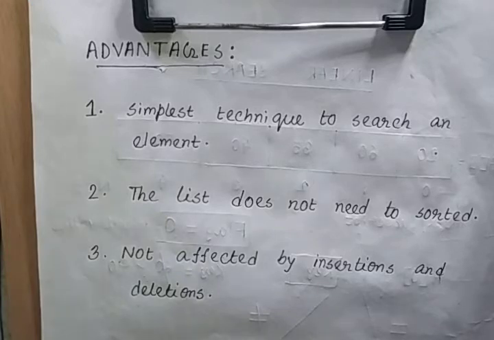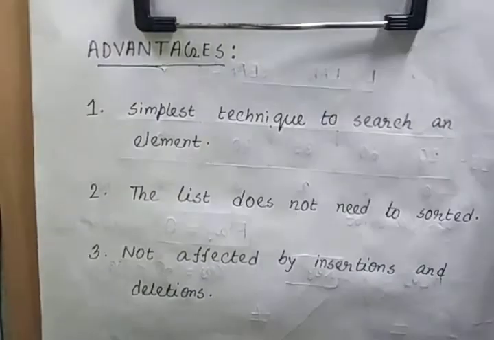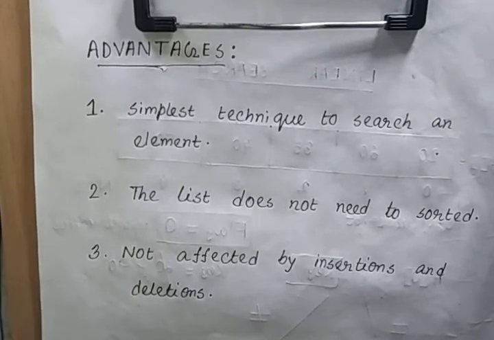Because whenever you search for one element within a list by using linear search, you always have to compare the key element with the first position of the array, then the next position, then the third position, then the fourth position, and so on, right? So in this situation you don't require a sorted array. You can say that linear search is applicable for both sorted and unsorted arrays, right?